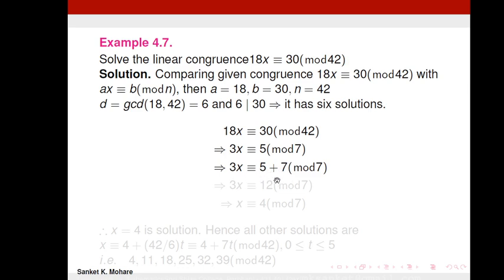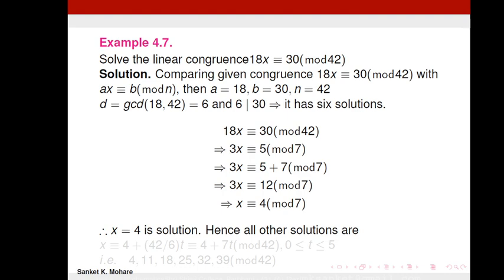So 5 plus 7 is 12. This implies 3x is congruent to 12 modulo 7, which implies x is congruent to 4 modulo 7. Therefore x equal to 4 is a solution of this congruence. So this is my particular solution, x is equal to 4.